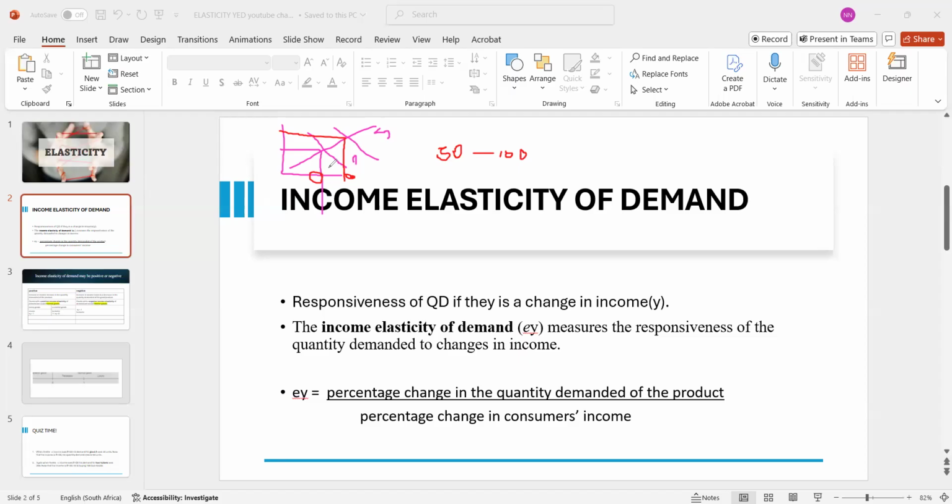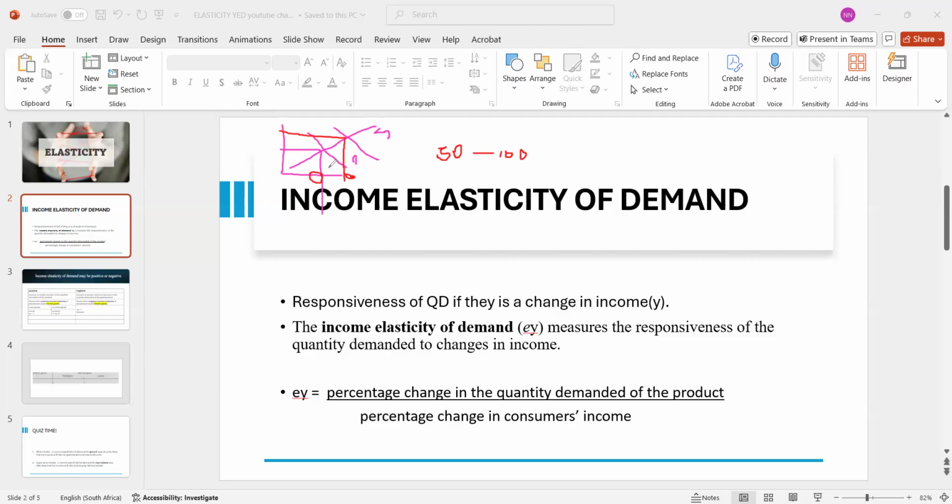This information on income elasticity of demand is very important especially for our suppliers, because they always want to know what will happen to the quantity demanded of a good if the income of the consumers was increasing.